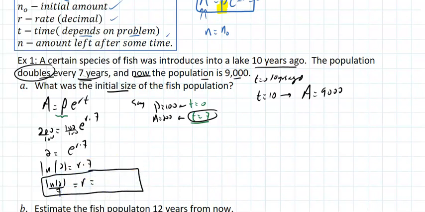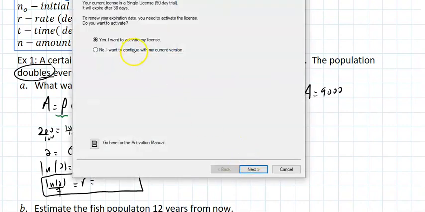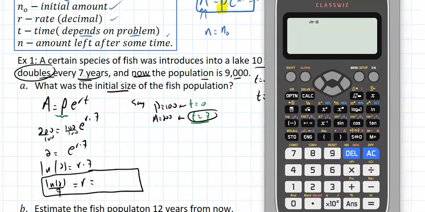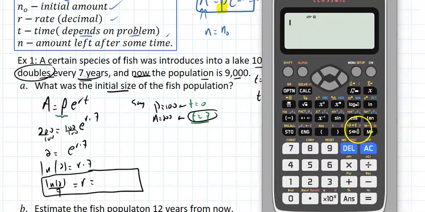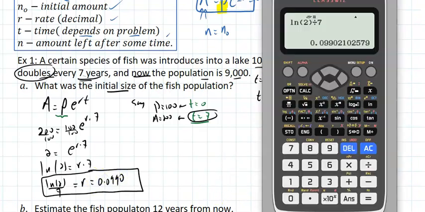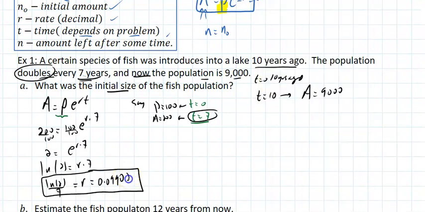If I write it as a decimal, I need to carry enough decimal places. If I take natural log of 2 and divide that by 7, you'll notice it's a big decimal, 0.0990210. So at least 5 or 6 decimal places.